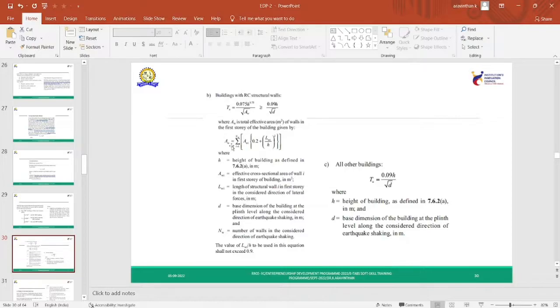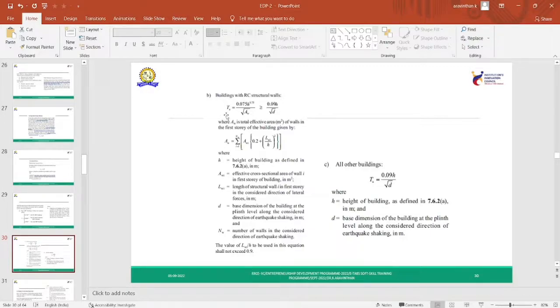You can find this is the total effective area of walls. W stands for wall and A stands for area. Effective area of wall can be found out by using this formula, and L is called length of wall and D is base dimension. If you know that L, D and effective cross-section area, you can multiply and find the Ta.